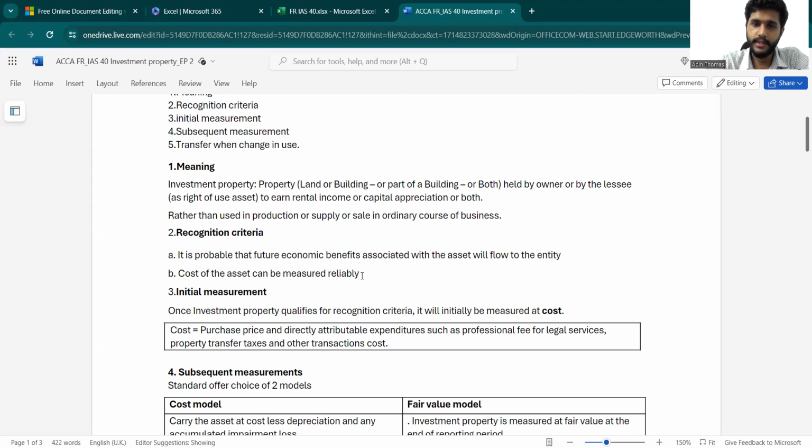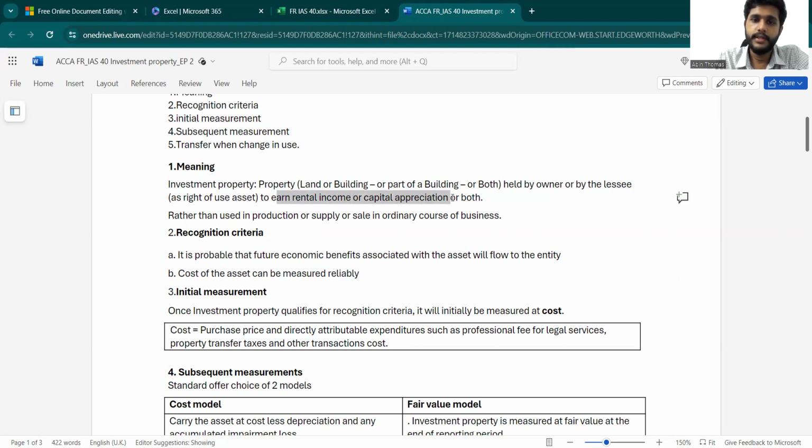So when an organization purchases a land and building, and they use the building and the land for their administrative purpose, for example, all the employees' office work, the paperwork, all are handled in the building, then that building is accounted under IAS 16 rather than IAS 40, because IAS 40 says it should be only for the purpose of earning rental income or capital appreciation.